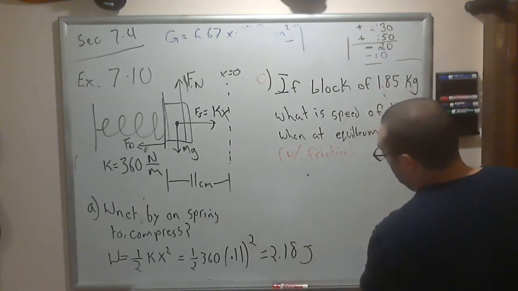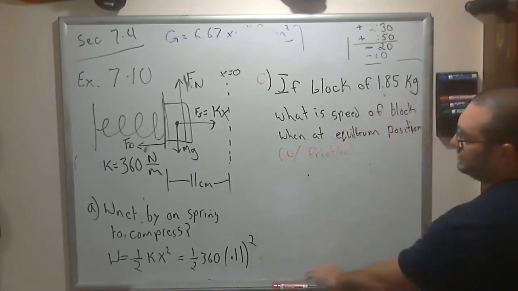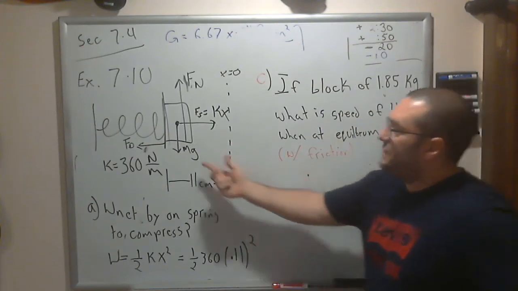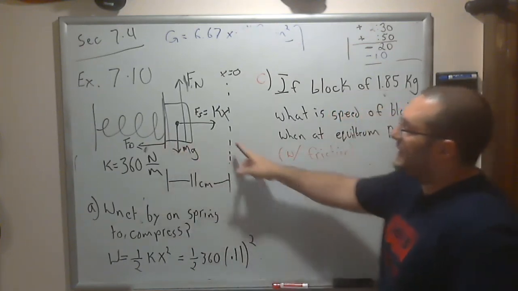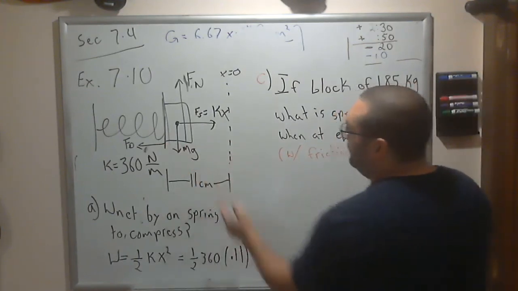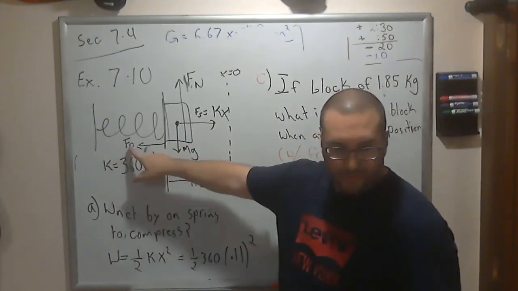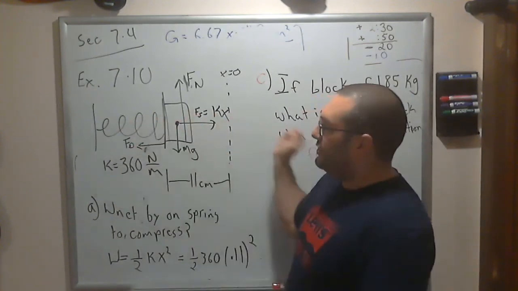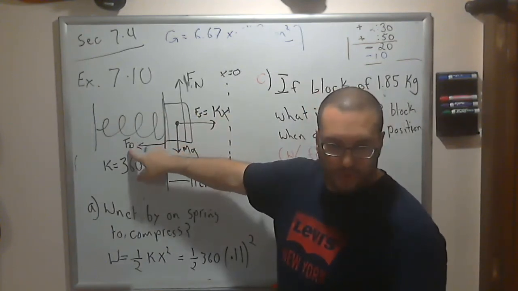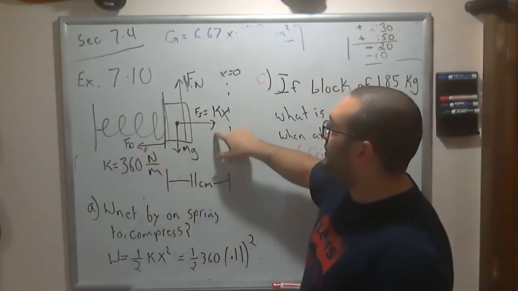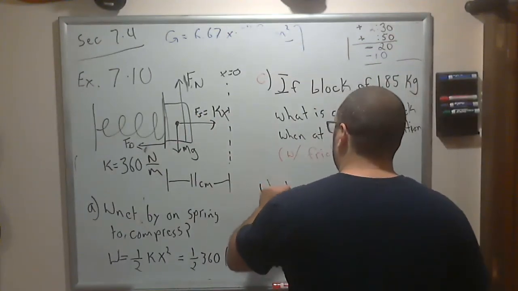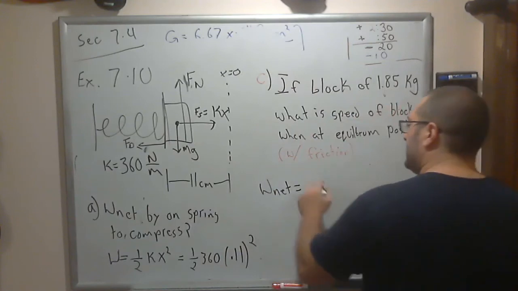The net work done on this system that comes back to here is two things. We have two forces in the horizontal direction, the x direction: the force due to friction and the force due to the spring.